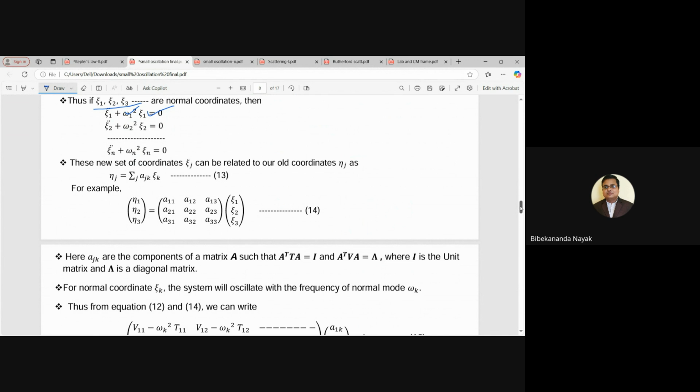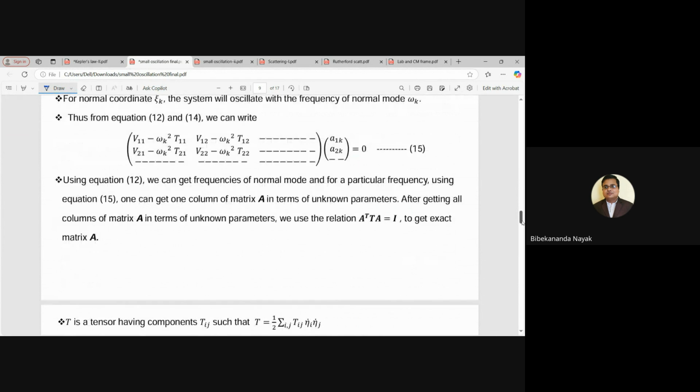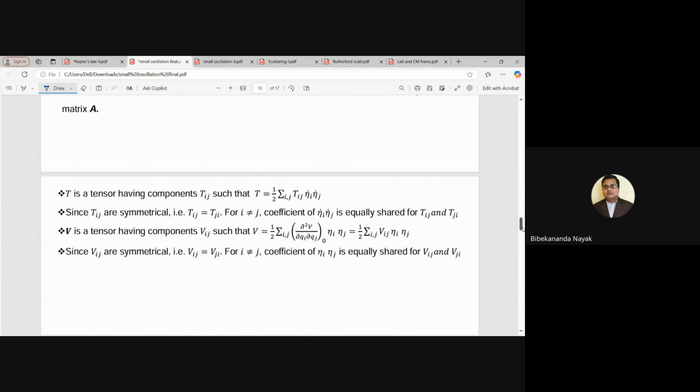If you do this, you can convert our coordinate from eta to zeta, and they should obey these equations. In a problem, if we take the T expression like this, Tij is the same as Tji. Similarly, Vij is the same as Vji.